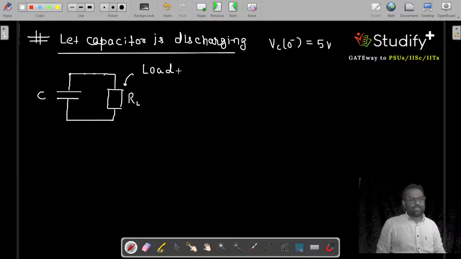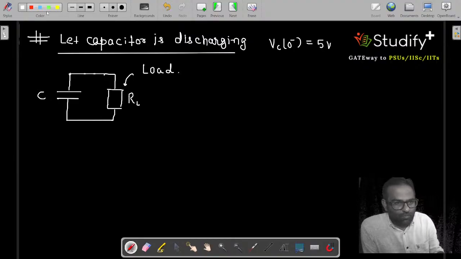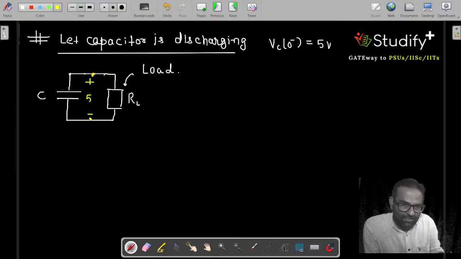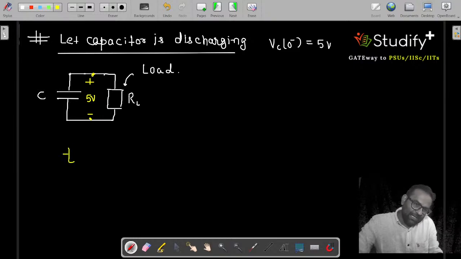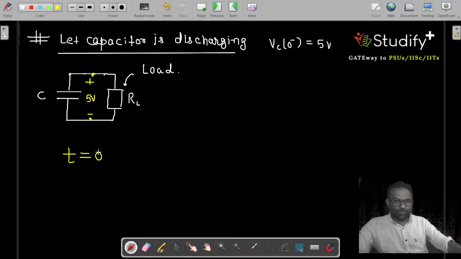Let's say this capacitor is connected to the load. So what is the initial value of the capacitor? Can I say the initial value of the capacitor is 5 volt. And this 5 volt potential is available at t equal to 0.